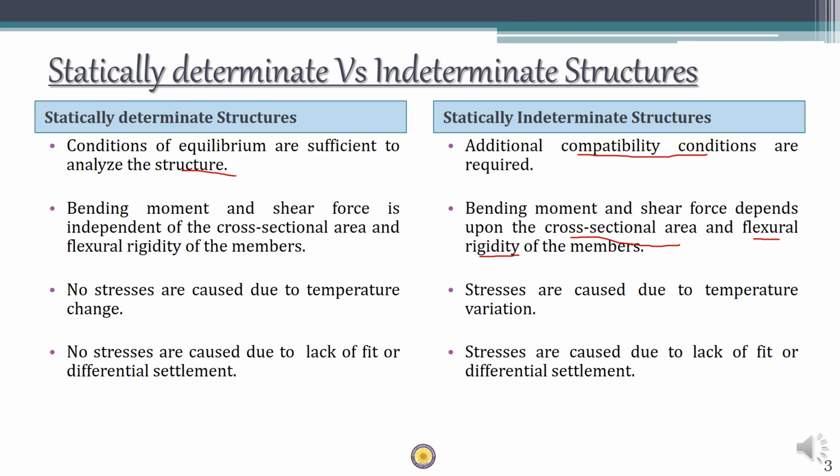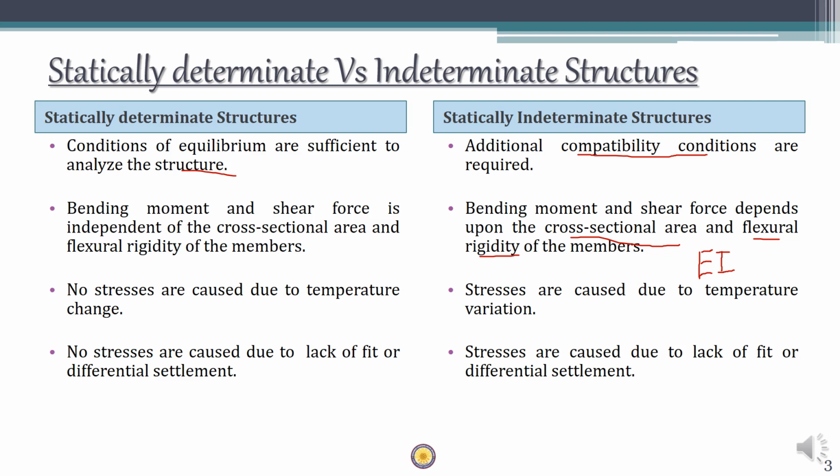However, determinate structures don't consider cross-section area or flexural rigidity to find bending moment and shear force. Flexural rigidity is the EI value, the product of modulus of elasticity and moment of inertia. It combines the material property from E and the geometric property defined by I.